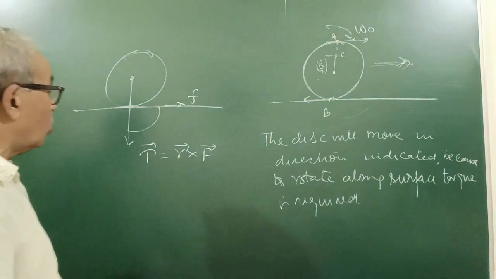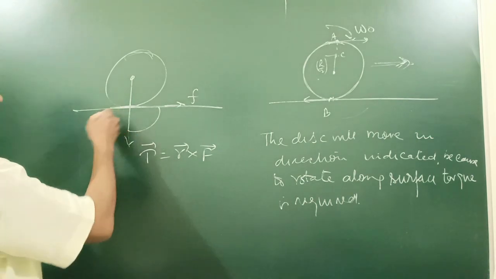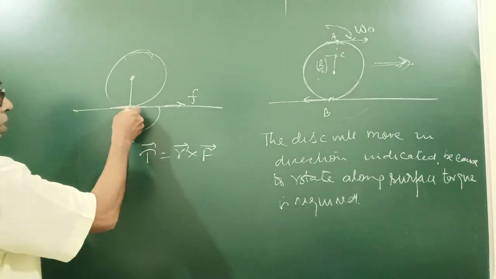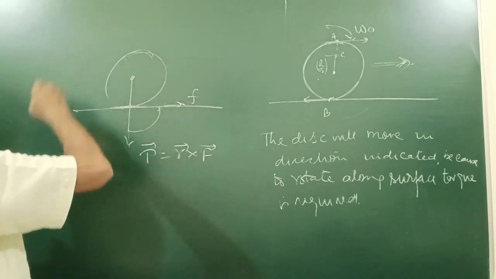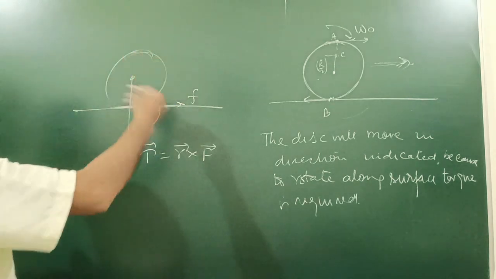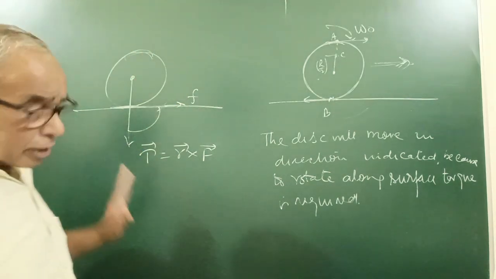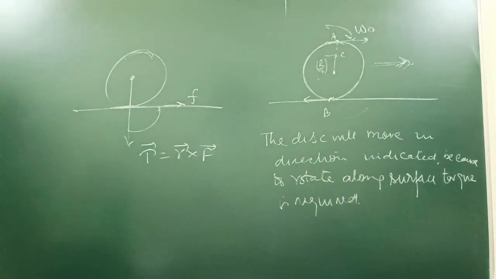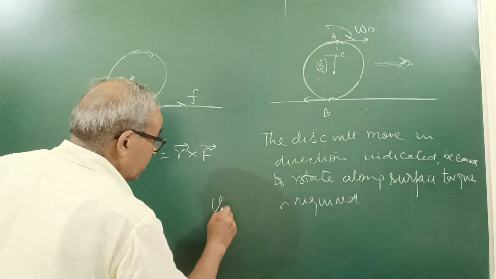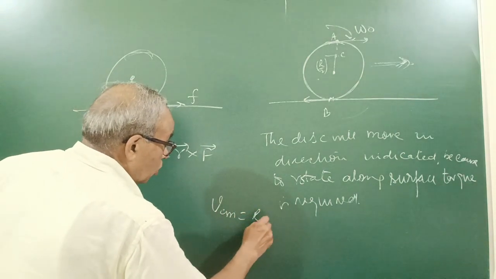The sense of torque produced will be anticlockwise, to oppose the rotational motion. Is that clear? And then before perfect rolling begins. Actually, when does perfect rolling begin? I told you, when VCM equals R omega.